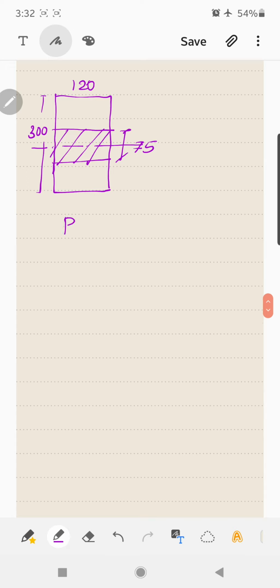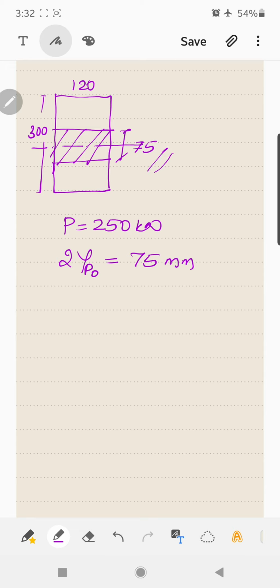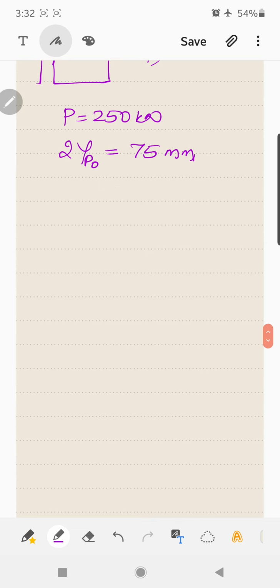Now the P value is 250 kilonewton. 2 yp naught, the depth of the anchor plate, is 75 mm. And 2 y naught is the depth of the end block. The length of the end block is taken as the depth of the section, so 2 y naught is 300 mm.